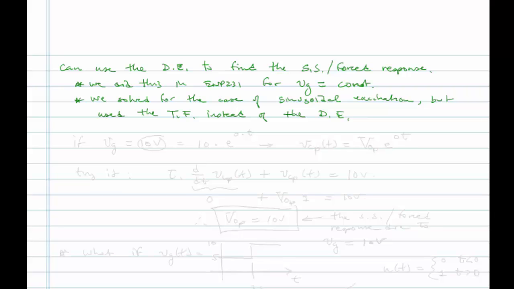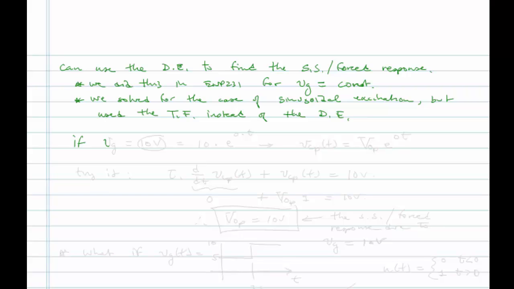So we did not ever solve for the steady state, or the forced or particular response, to a sinusoidal excitation using the differential equation. The furthest we went was the forced or steady state response due to a constant voltage Vg.